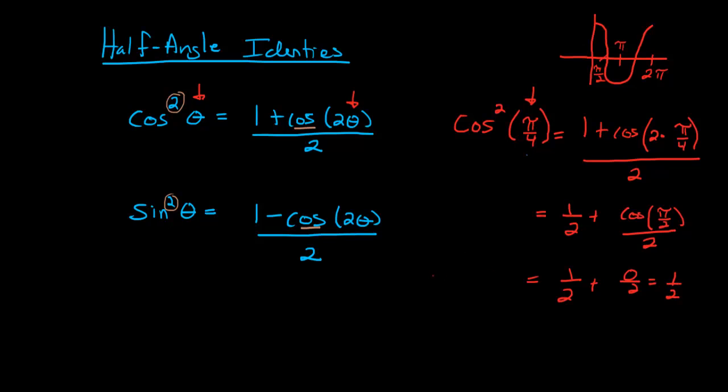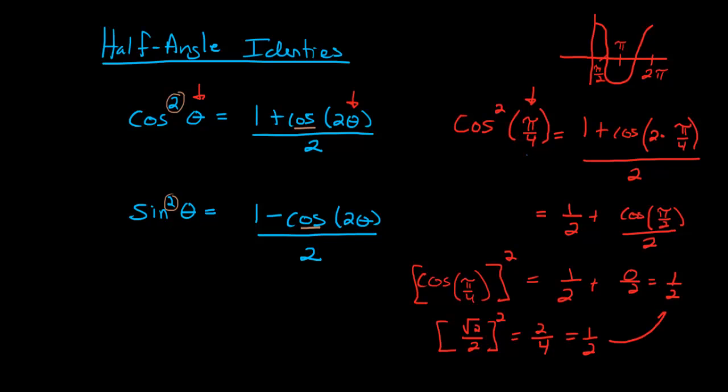Okay, let's see if that's true. Let's think, what is cosine of pi over 4? And remember, this is going to be a value that is squared. Hopefully, okay, cosine of pi over 4, that's one of the favorites. That's going to be equal to square root of 2 all over 2, but we still have to square this, and this gives us a value of 2 all over 4, which equals 1 half, and we notice we get the exact same thing.